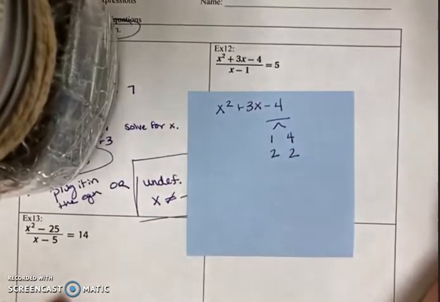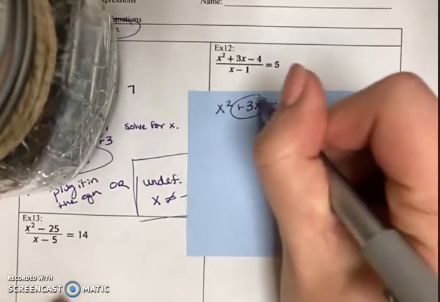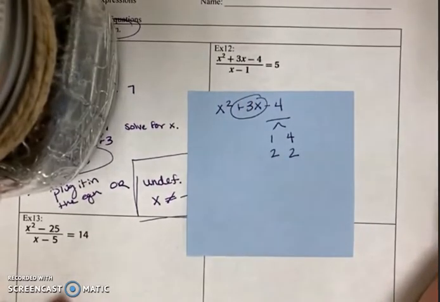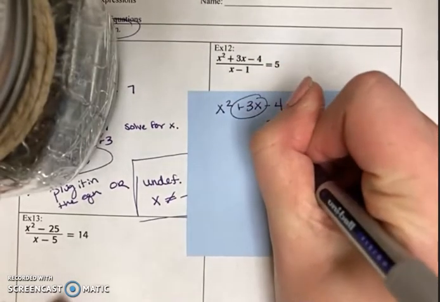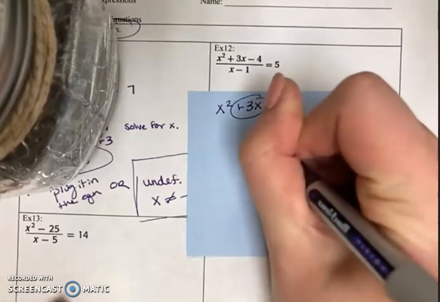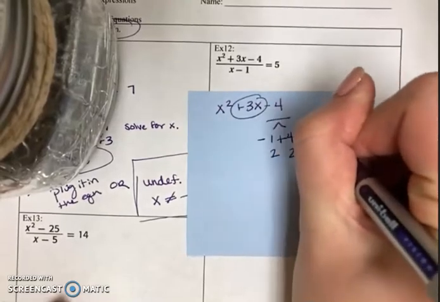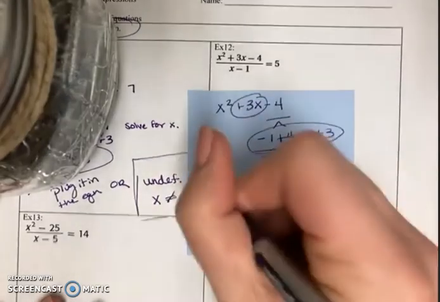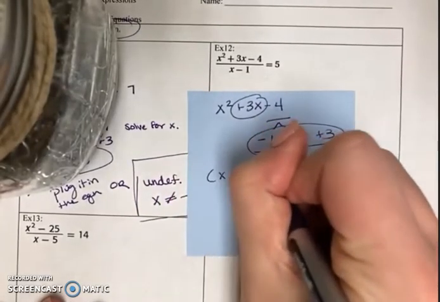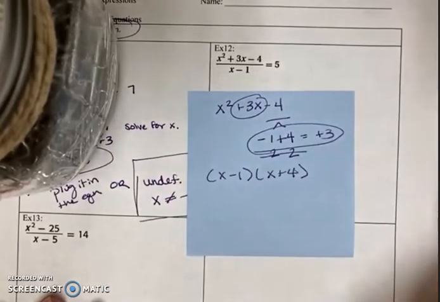Because it's negative, I know I'm going to be using different signs, so one positive, one negative, in order to get the middle term of a positive 3. So if I want a positive 3, it should be a positive 4 and a negative 1. Meaning the factored form is x minus 1, x plus 4.